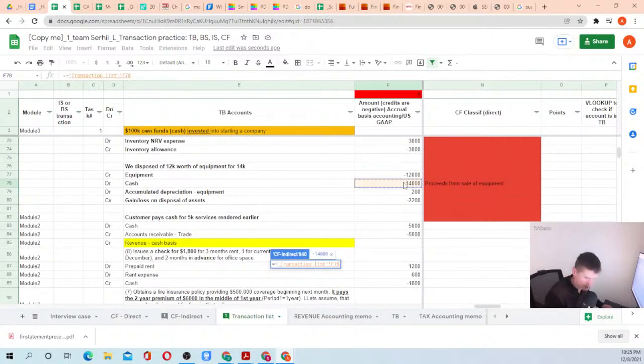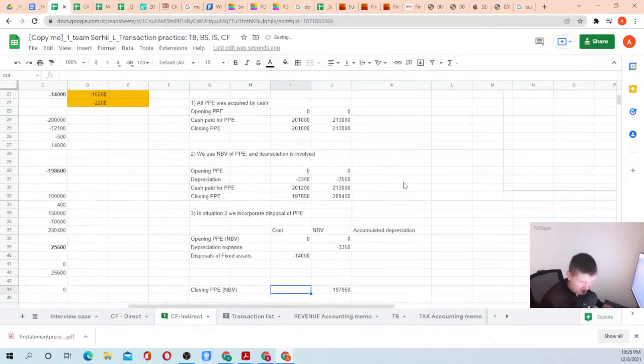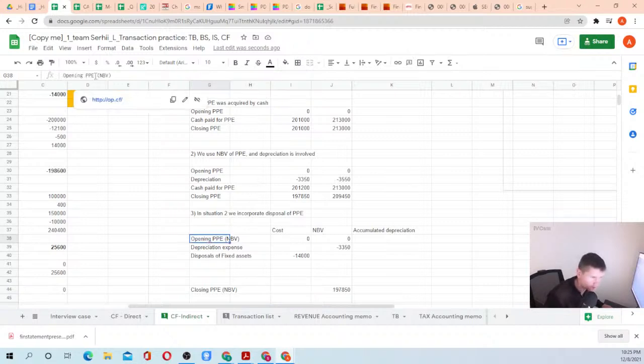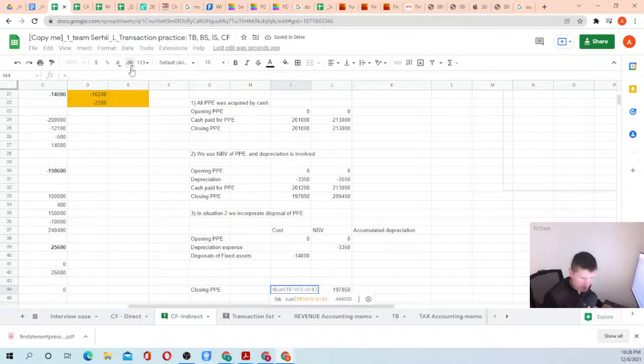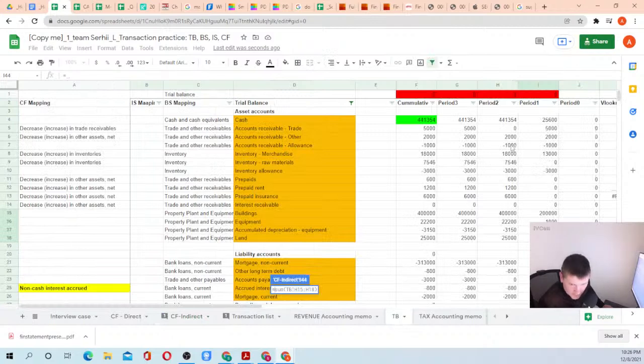And we know that our cost for PP&E at the end of the period was 201,000.